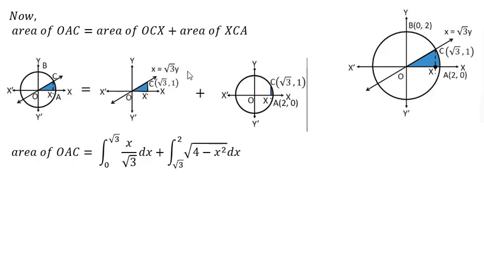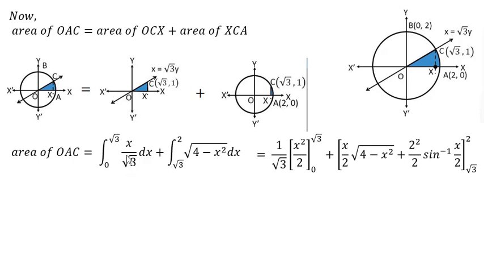So y dx, because we are finding area between curve and x-axis. Value of y is x upon root 3, so it is x upon root 3 dx. Limit is between 0 to root 3, plus from x to a we have limit between root 3 to 2, and the equation of circle in terms of y is root of 4 minus x square dx.